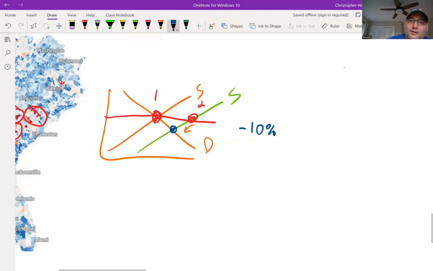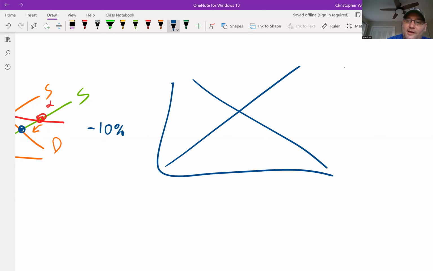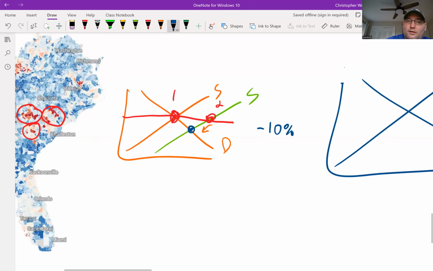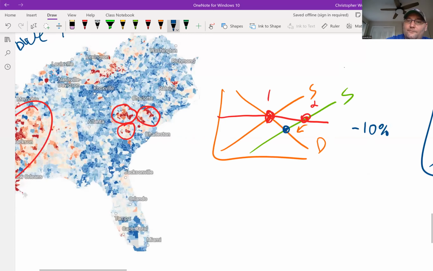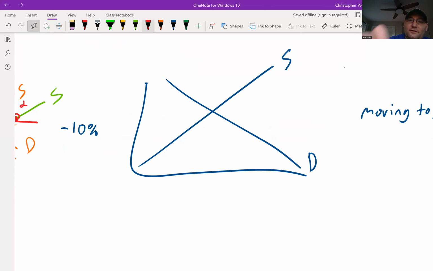or it means that when we look at the supply and the demand, people are moving to South Carolina, but they're not moving to those locations that are red. So what's happening is the demand curve is actually shifting to the left towards 0, demand 2.